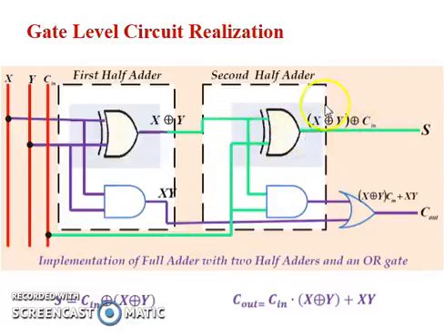So here is the sum output, and for the carry we have implemented this equation, Cin into X XOR Y plus XY, which you will get over here. So this one is the gate level realization of the full adder circuit.